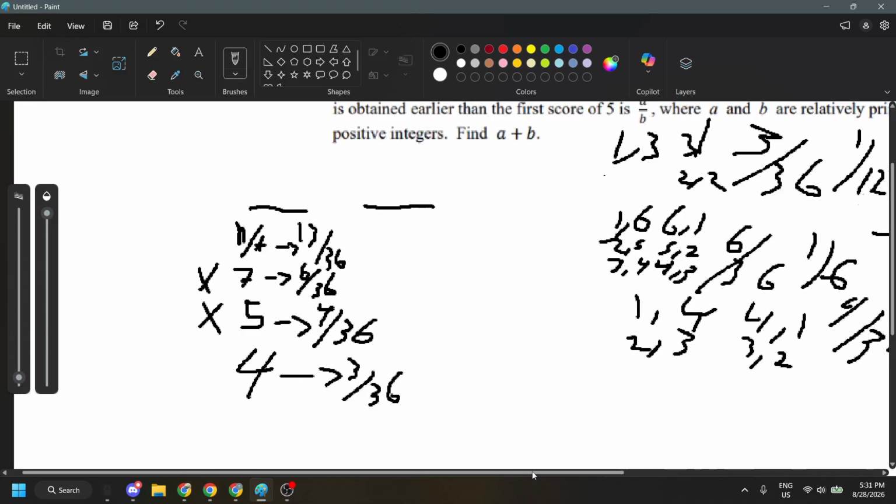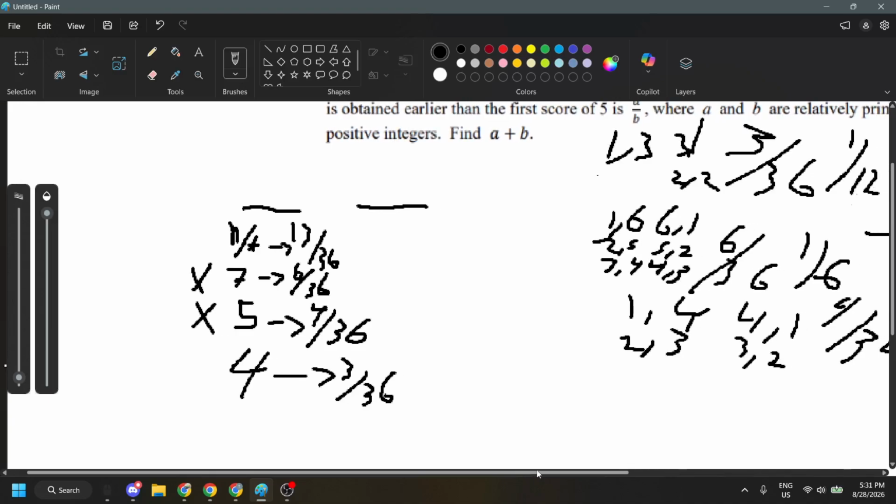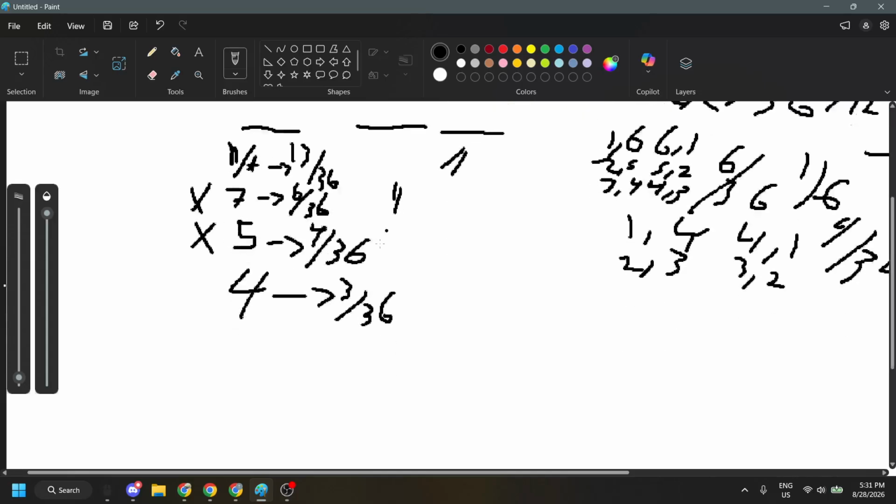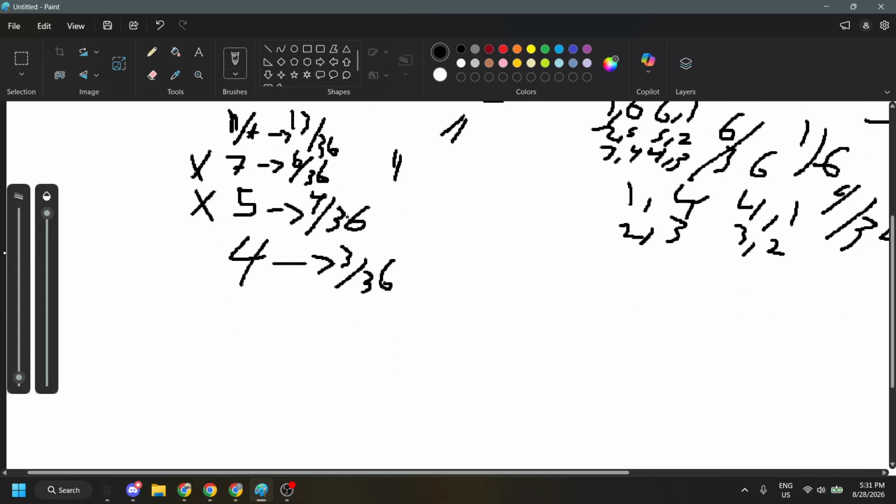Okay, so now we do the same thing again. Then we do the same thing again. So the probability that we throw it out is going to be, I don't know, the probability that we actually get it is going to be 3 out of 36.